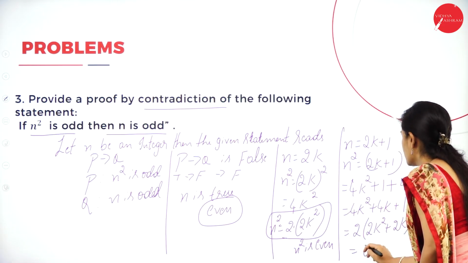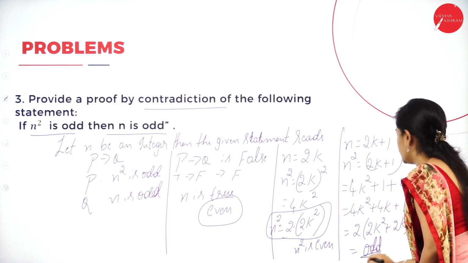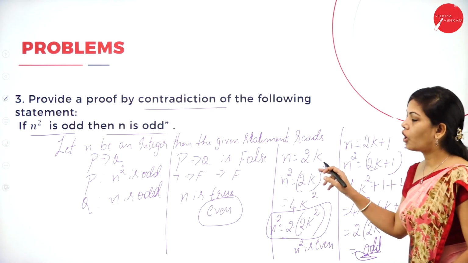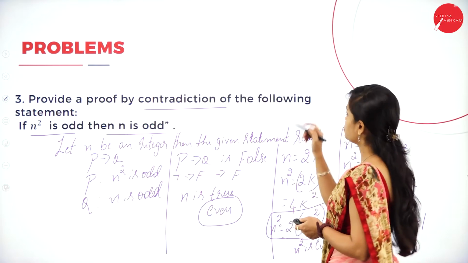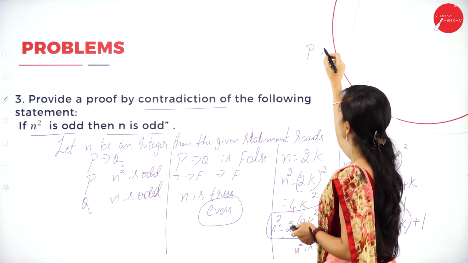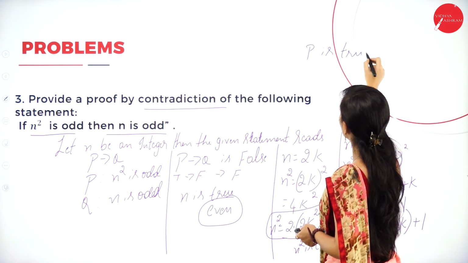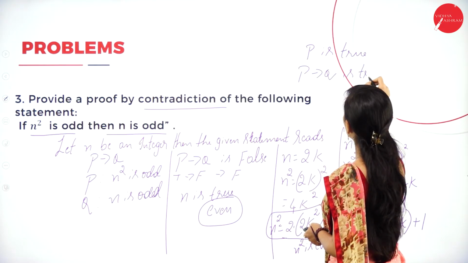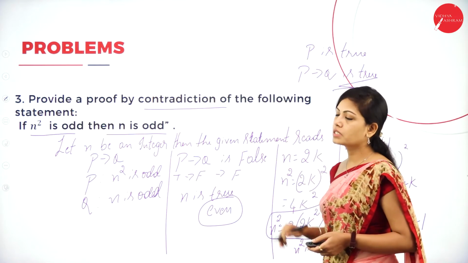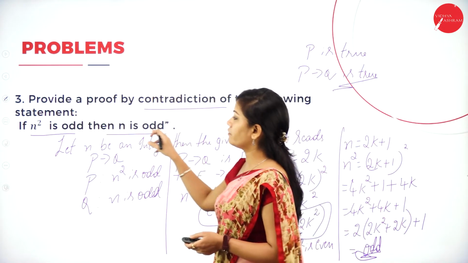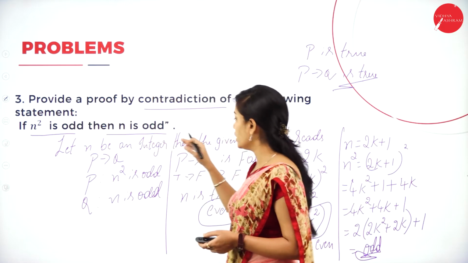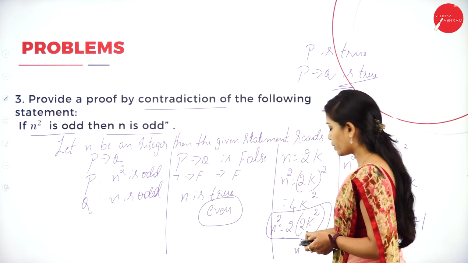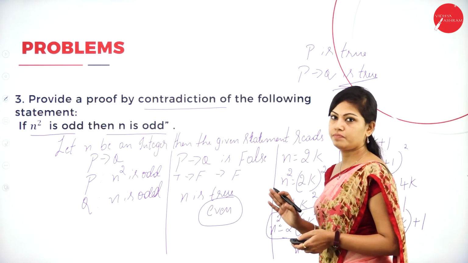So now this is an odd integer. So now n square is an odd integer. So from our assumptions, if P is true, then P implies Q is true. So this is your proof by contradiction. The given statement is in the odd condition, so we have to prove that n square and n is even.